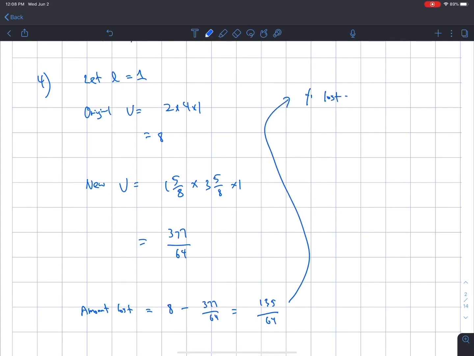So percent loss is going to be 135 over 64 divided by the original, which is 8, and then times 100%. Just using my calculator for all these calculations, you should get 26.4%. Therefore, 26.4% of this wood is lost from the drying process.